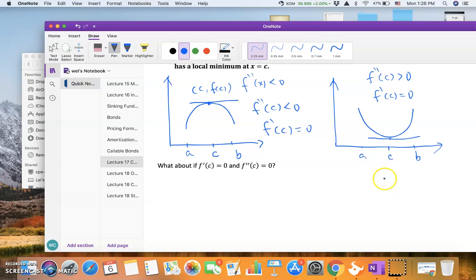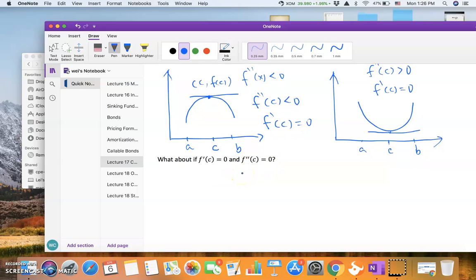Now, what if the first derivative and the second derivative are both equal to 0 at c? If this happens, then we are not able to use the second derivative test. Let me show you why. So, for example, let's consider 3 different functions.